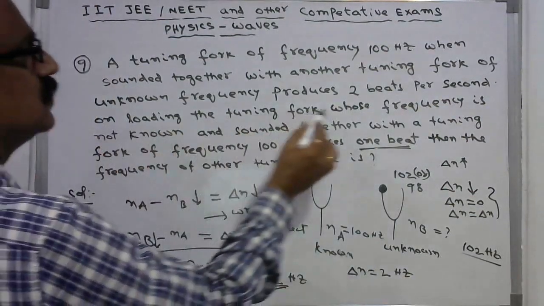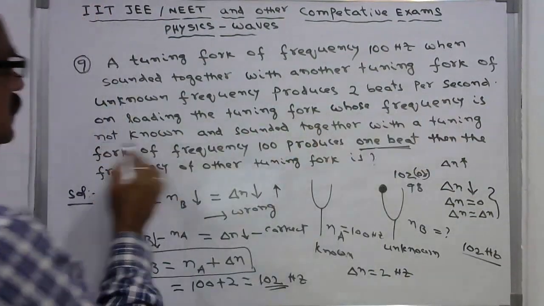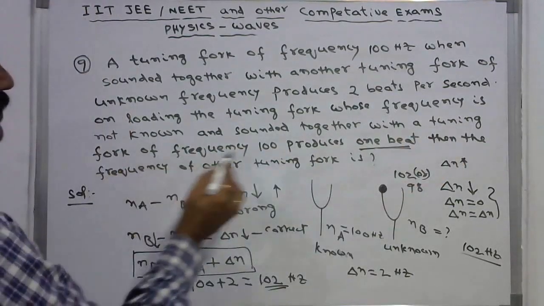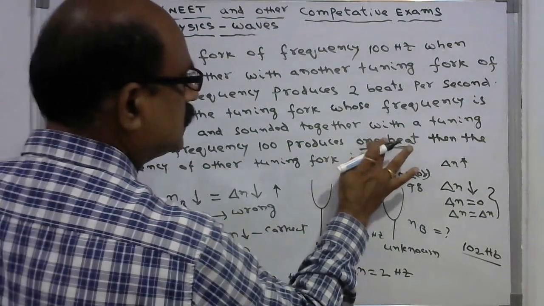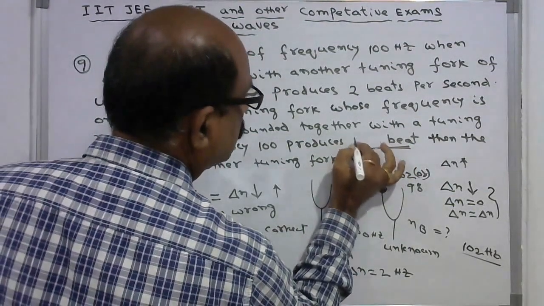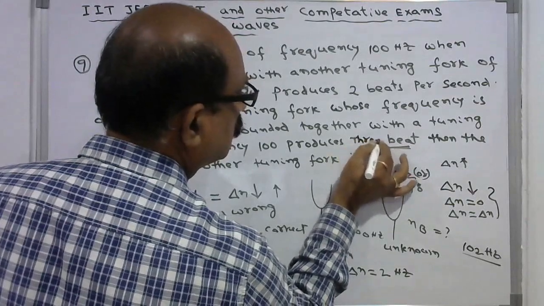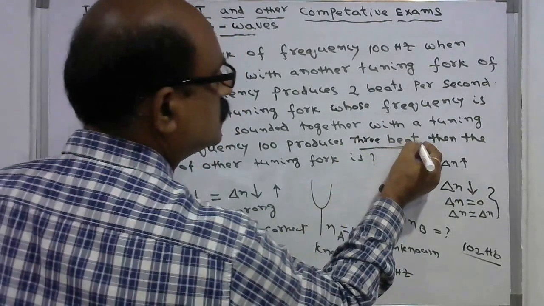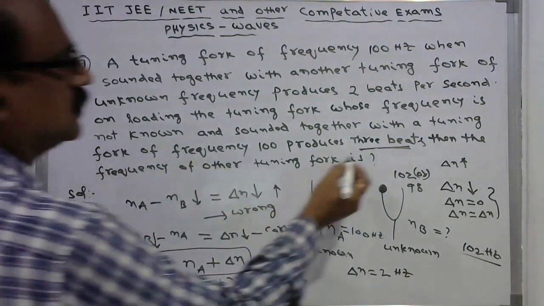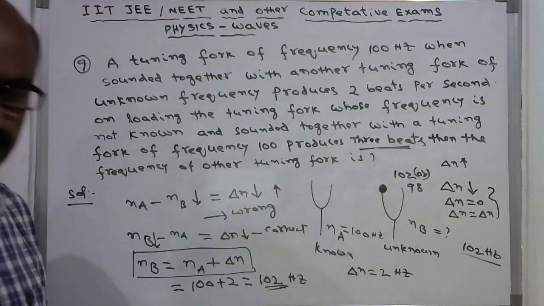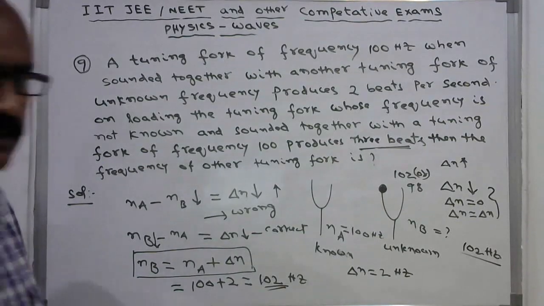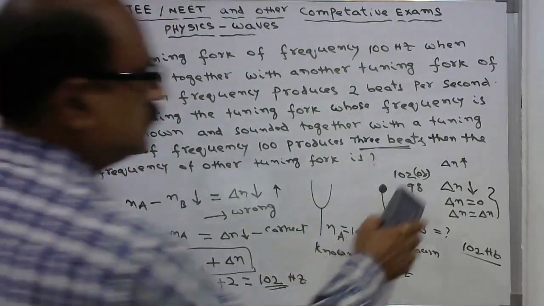On loading the tuning fork whose frequency is not known, when sounded together with the tuning fork of frequency 100, it produces not 1 beat, I write here 3 beats. Then the frequency of the other tuning fork is? So in the previous case it is decreased, and in this case it is increased.